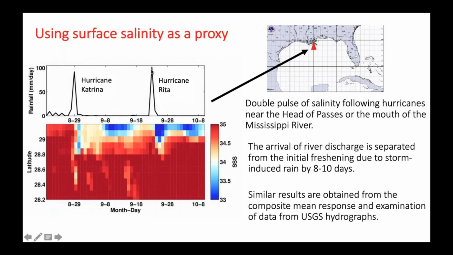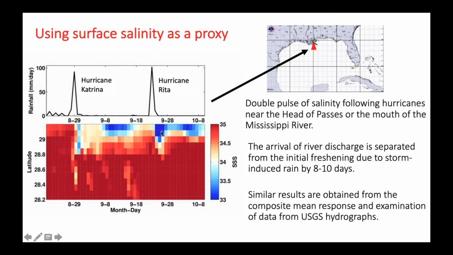Consistent with an increase in rainfall, you see a sudden decrease in salinity at the ocean surface. This freshening is again slowly restored back to the pre-storm state, and then approximately a week later, you see another huge pulse of fresh water.